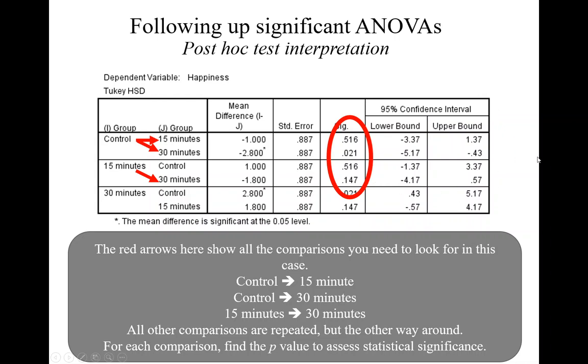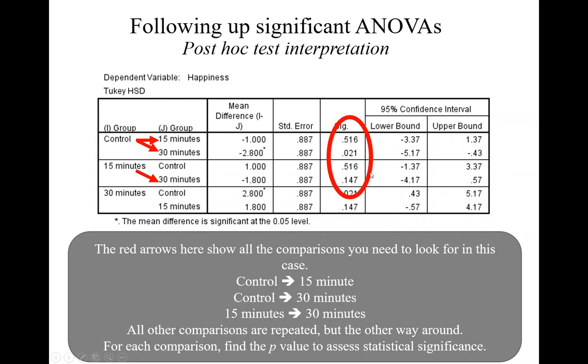So now we've compared the control group to the two puppy groups. The last comparison we need to look at is the 15 minutes versus 30 minutes, and here we've found that there's no significant difference between these. And the reason we don't care about the other ones is 15 minutes versus the control is exactly the same as what we've got at the top, and you'll see the p-value is exactly the same as well, so it's redundant.